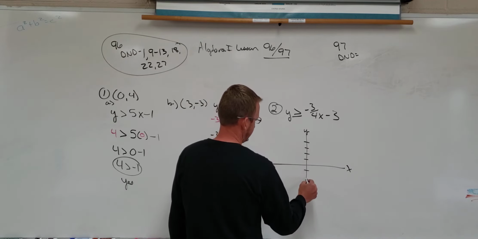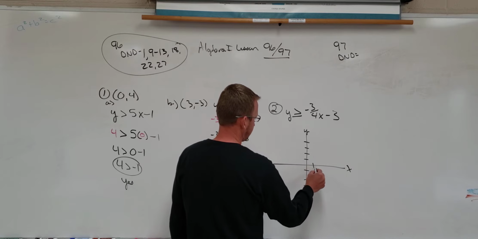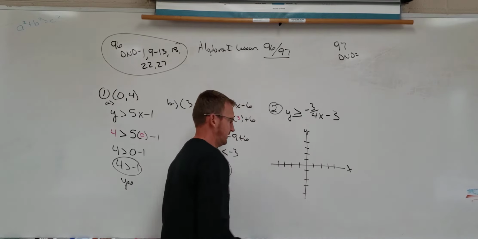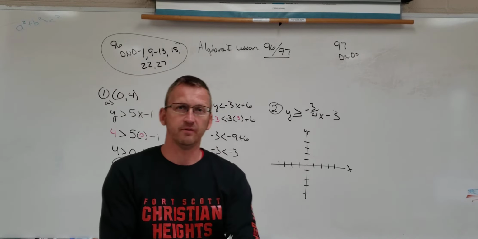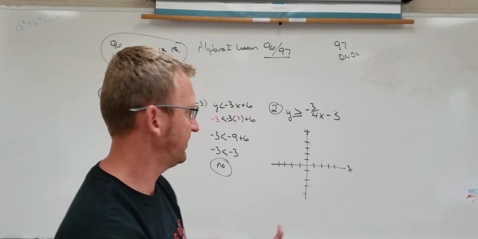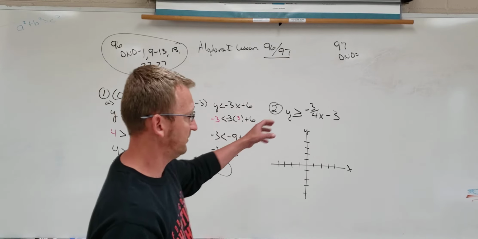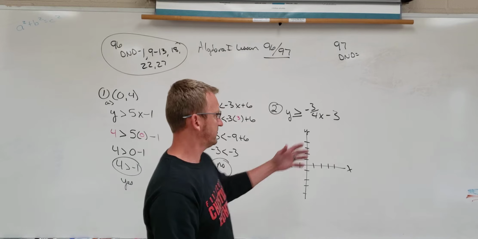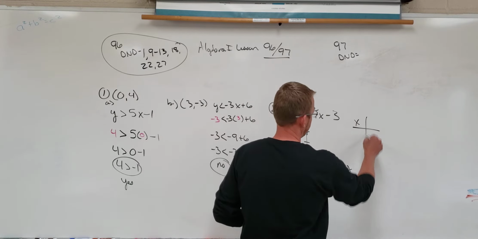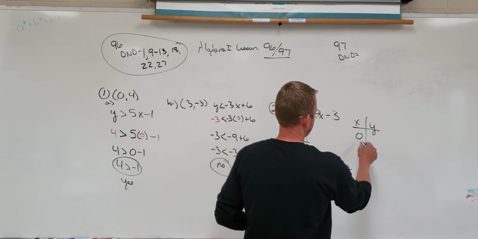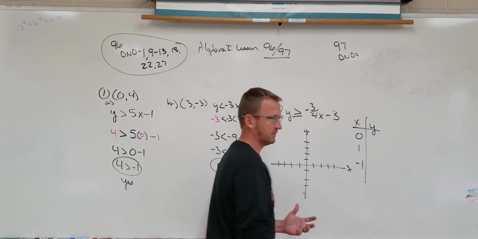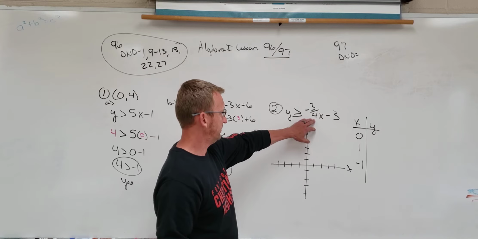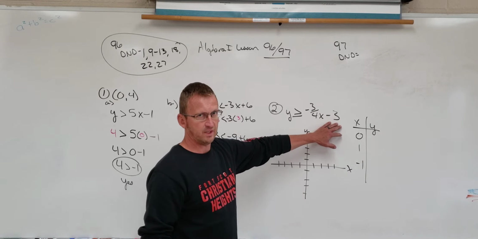Again, please make these as neat as possible. Now there's a couple ways you can do this. One of them is simply using the slope-intercept form, the slope and then the y-intercept, and graphing it that way. Or if you want to, you can put the points in and solve like we used to. For me, I'm going to use the slope and I'm going to use the y-intercept.